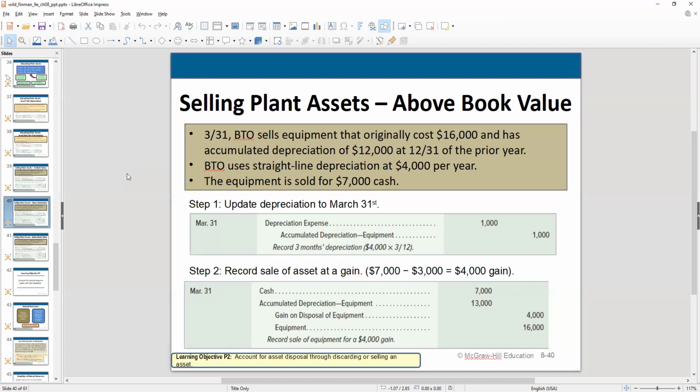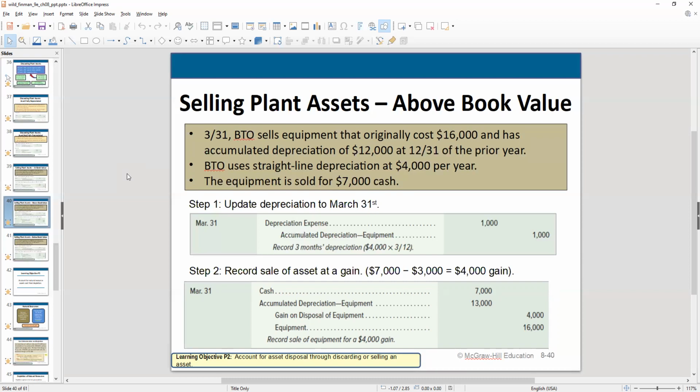Now, if we sell above book value, and again, March 31st, we're going to have to capture 3 months depreciation, which is the same as the last problem. So I won't go over that. So we record the sale of the asset. We're going to get $7,000 for it. Now, I'm trying to think of a quick, easy way.